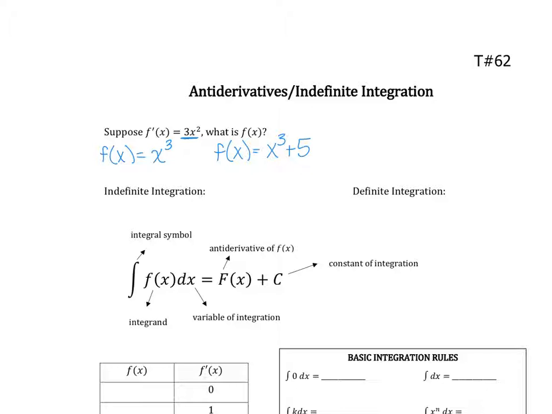And hopefully that would lead you to say I could have f of x as x cubed minus 1,000. Or in other words, I could have f of x being x cubed plus any constant, because the derivative of any constant is 0. So that's what indefinite integration is.